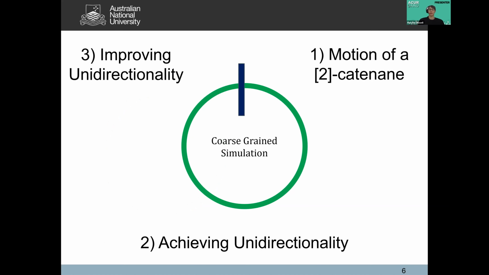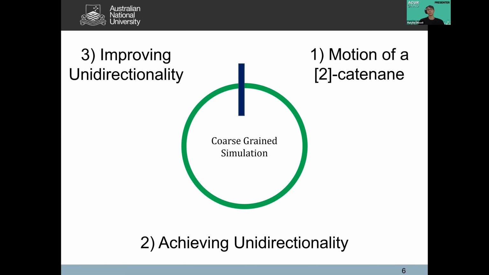So I wasn't in the lab, I didn't play with any chemicals, but I worked with my supervisor to come up with a really simple physics-based simulation that first tried to capture the motion of a catenane, so tried to simulate this minor ring moving around the major ring, and then secondly tried to get this minor ring to move in one net direction. And then thirdly, if we were able to achieve that, then to try and improve the unidirectionality or make it spin faster.